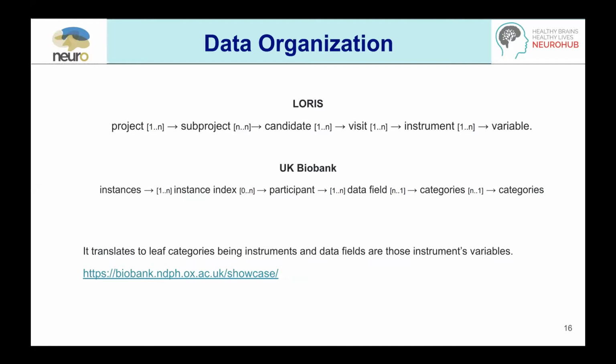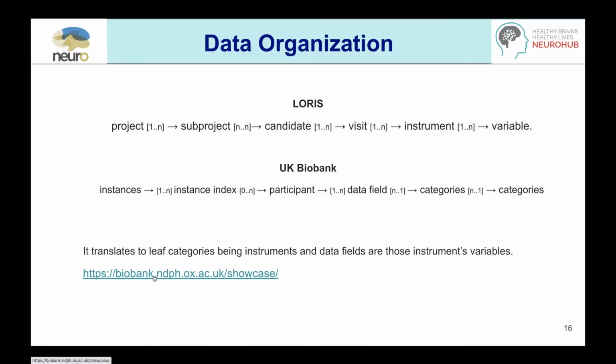For the UK Biobank, there are instances with an instance index. There are participants, and for those participants, there are data fields that are organized in categories. It's effectively a tree of categories. To add them to the Loris database, we've translated that to having data fields, the main categories, the leaf categories of the tree, being instruments, and each instrument containing all its data fields.